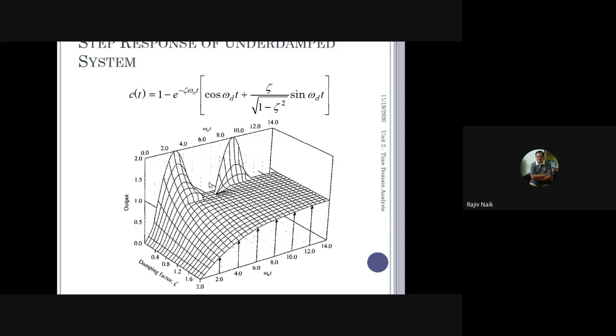If zeta is further increased, 0.9, oscillations have more or less died down. So as zeta goes on increasing for the same natural frequency, there are no oscillations or reduced oscillations in the output.